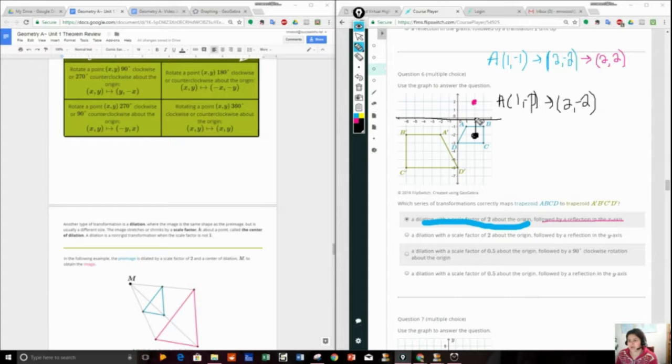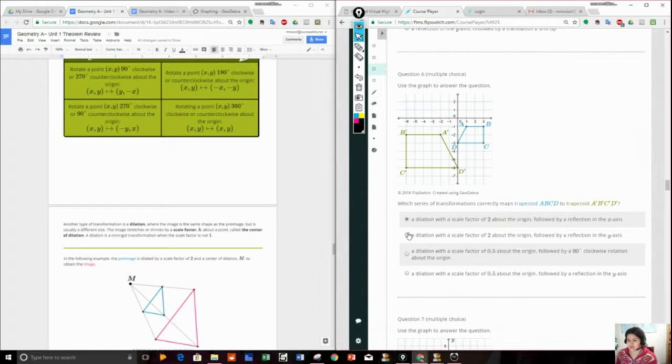So to reflect it, I'm going to go 2 units up. 1, 2. And that's where A prime would have been mapped if it was a reflection in the x-axis. So reflections maintain the distance away from whatever axis it's talking about. This is the x-axis, so it's going to maintain the distance from the x-axis. But A prime wasn't there, so we know that that's not the correct one.